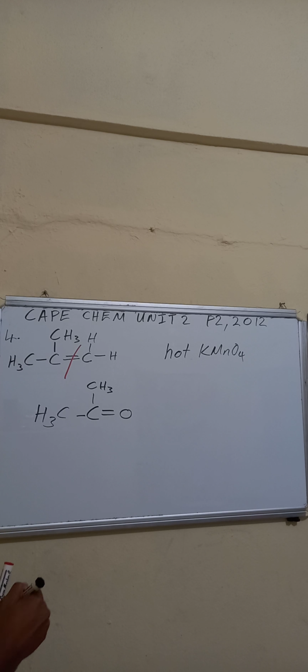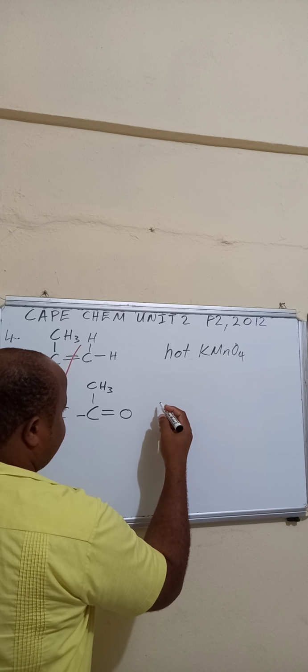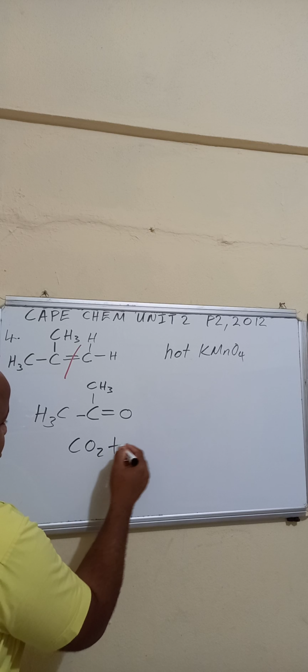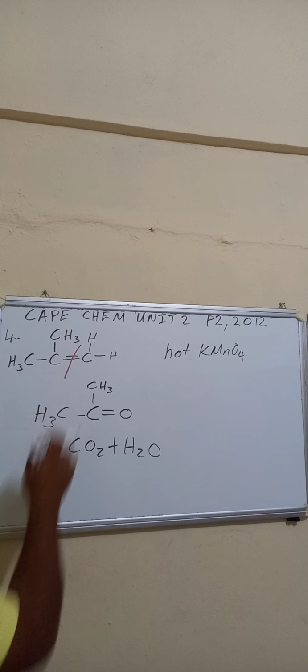It would have been oxidized to methanoic acid, but that will be further broken down into carbon dioxide and water. So if the carbon of the double bond has two hydrogens, you are going to get CO2 and water.